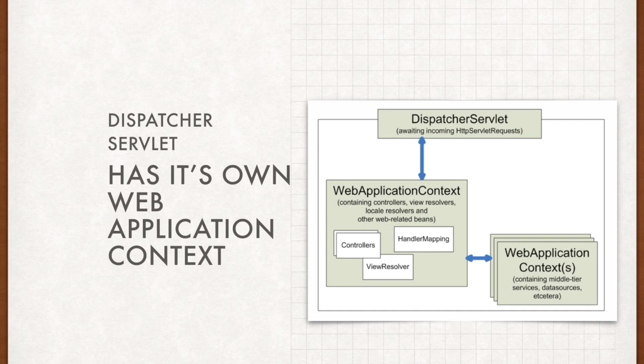Before we wrap up this presentation, one last thing. Make sure you understand this point. I am continuously repeating it, and this time I want to show you a picture. The dispatcher servlet has its own web application context. This picture is from the Spring official documentation. You can see the dispatcher servlet has a web application context where we can put our controllers, handler mapping, view resolver, and a lot of things.